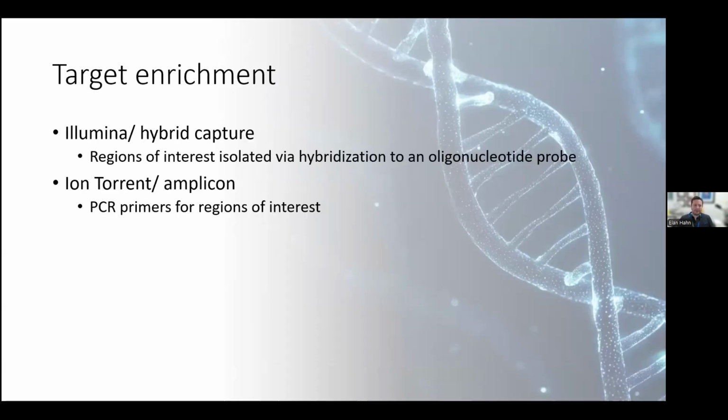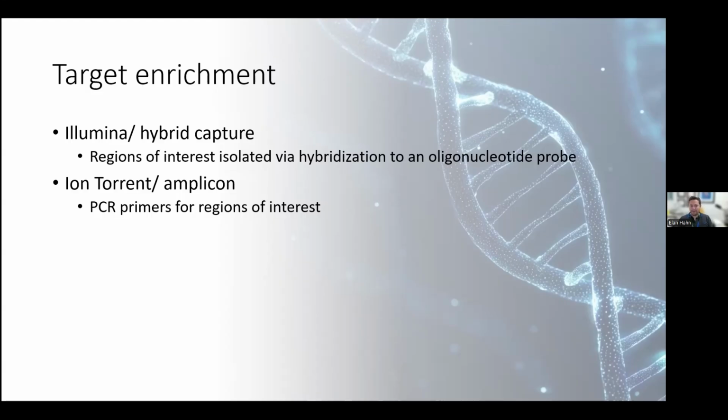So starting with target enrichment. For Illumina, regions of interest are isolated by hybridization to a probe. So we're specifically looking at probes that are going to be complementary to regions of interest, and they will hybridize to our template DNA and isolate it that way, and that will enrich for our targets.